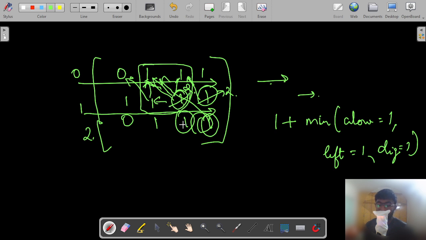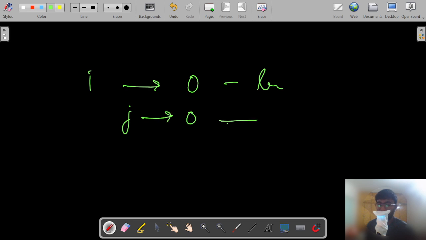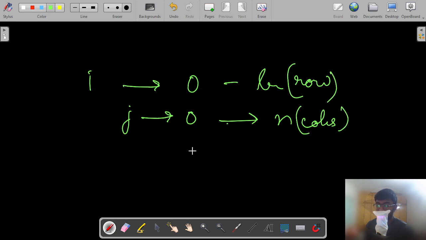Okay, so with that understanding, I would say we can come up with a solution. Let's say we can have two for loops where we iterate through i and j, i from 0 to the length of rows, and j from 0 to the length of columns.